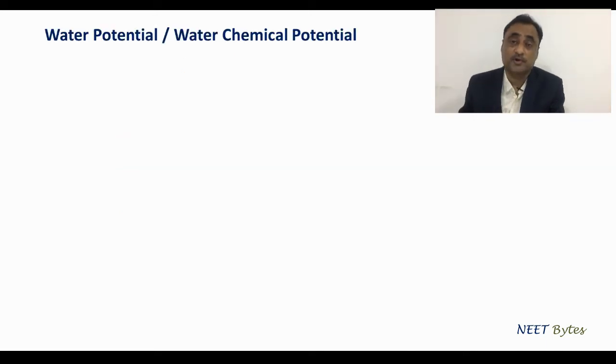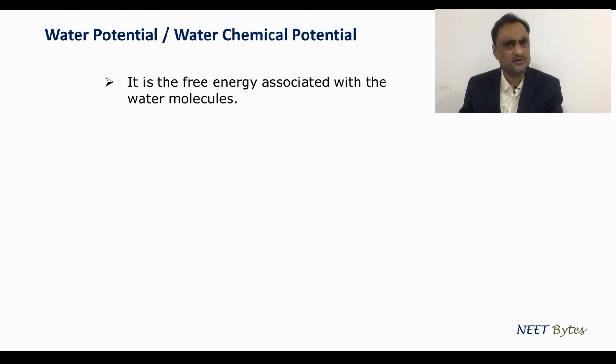Now, what is the meaning of potential? Potential is nothing but energy. So naturally, if you talk about water chemical potential, it is also energy. The energy that is associated with the water molecules together constitutes the water chemical potential. The sum of all energy is always zero, so for pure water, the water chemical potential is always zero.